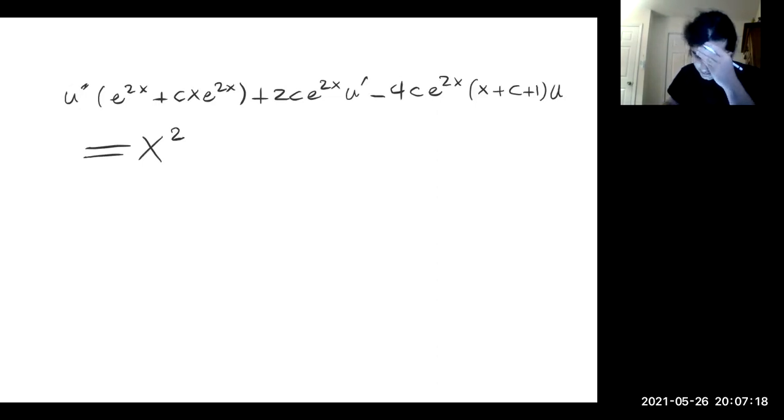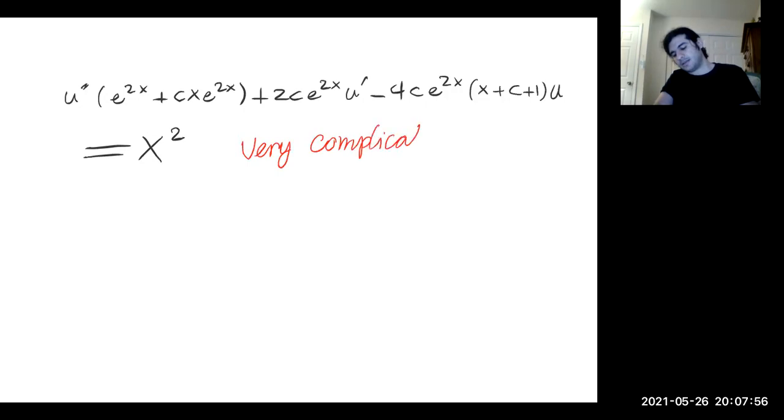Let's see how we can do that. Well, great. That's an example of an equation which I have no idea how to solve, or well, I do have some ideas, but it's quite a complicated equation.